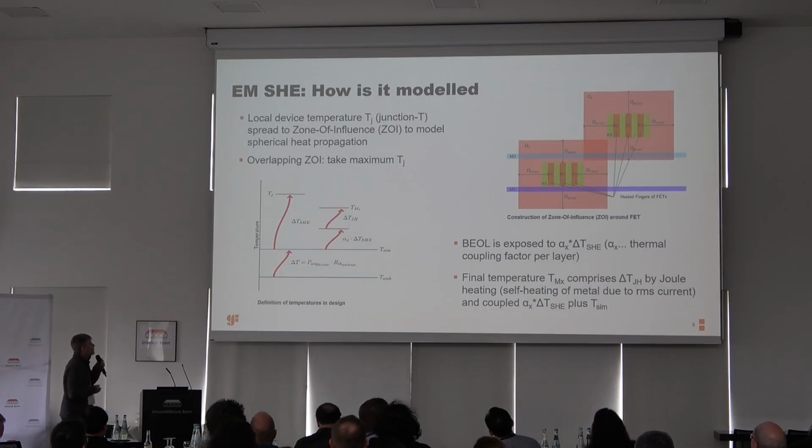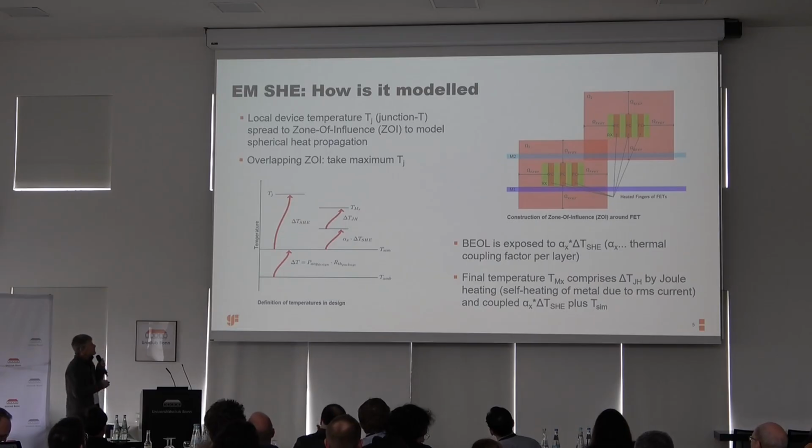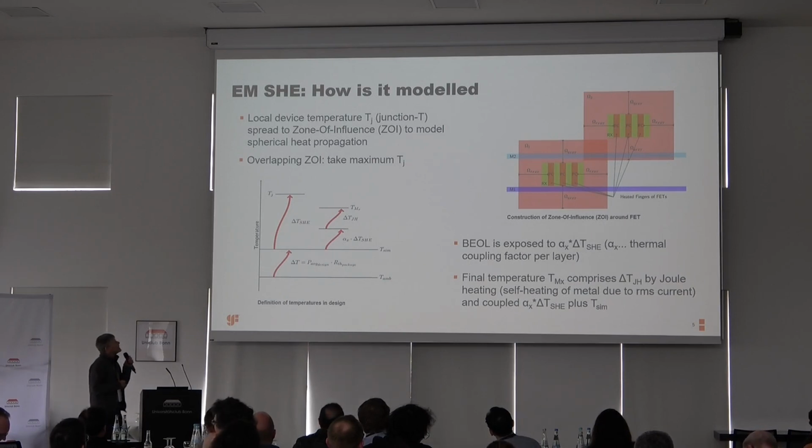In this graph here below, you see how the temperatures are summed up on your device. So basically the TJ is the junction temperature of your device, and then you go back to your simulation temperature, multiply it by a coupling coefficient, which is a coupling coefficient to each metal, and then a joule heat comes into account. This is the heat of the wire due to RMS current.